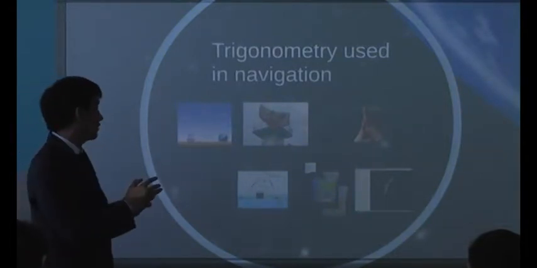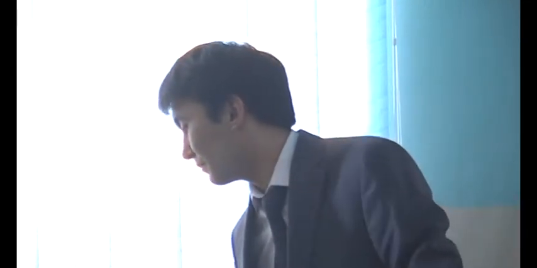But in history, where did this navigation system begin? The scientists used trigonometry to find the direction to some location, and to find the distance from one point to another point in the world. There is a special type of trigonometry that is called spherical trigonometry.